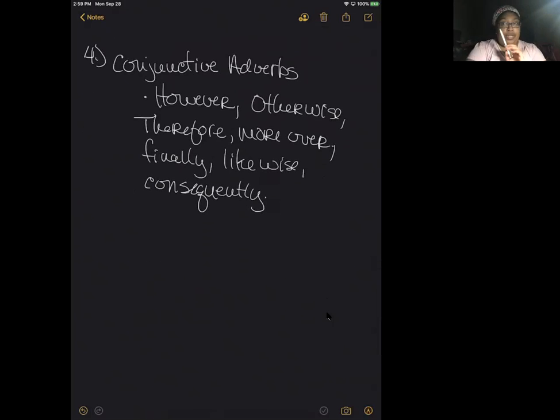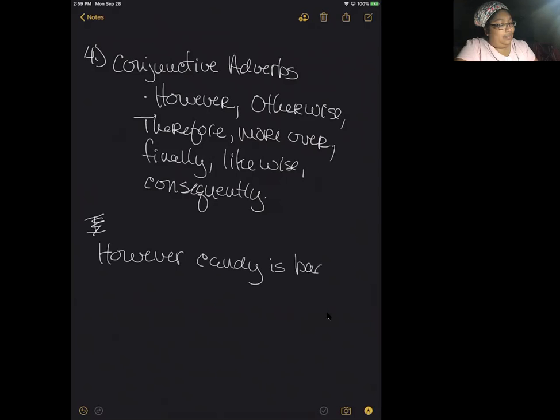Now, if it's at the beginning of a sentence, you don't need the semicolon, right? So if we just say, "However, candy is bad for you." It is. But it's so good.